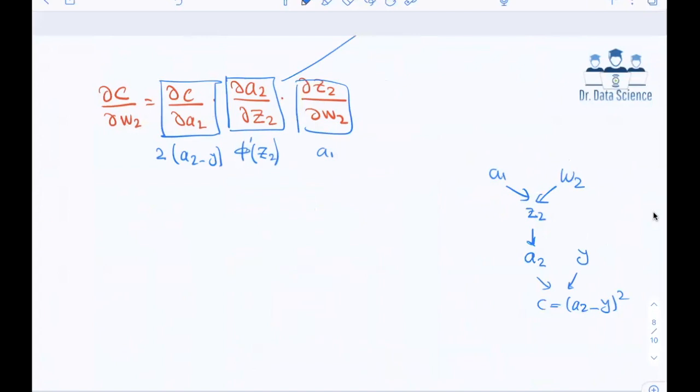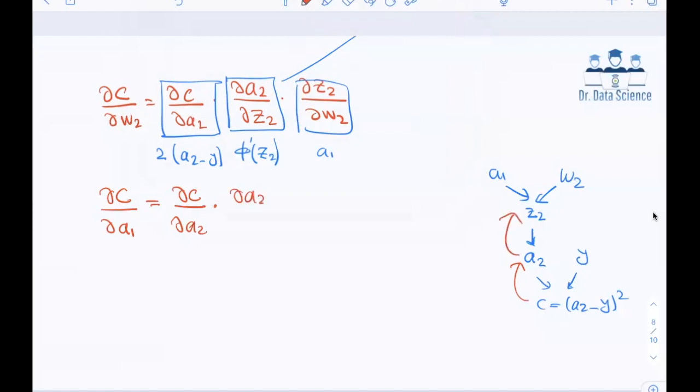Right? So now let's look at the partial derivative of C with respect to A1. In this case, I get the partial derivative of C with respect to A2, and I go step by step: A2 with respect to Z2, and Z2 with respect to A1. And here's where the magic happens.